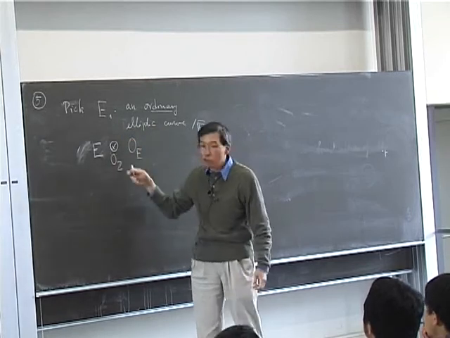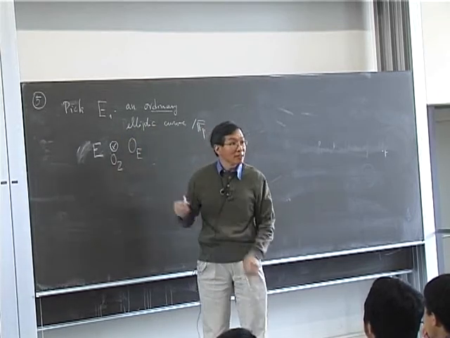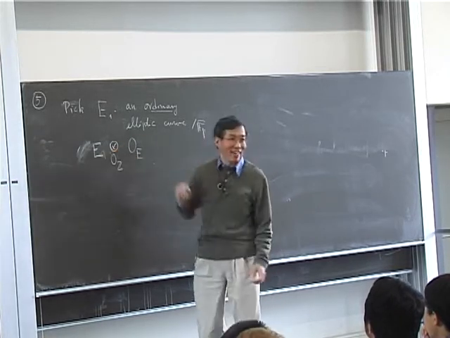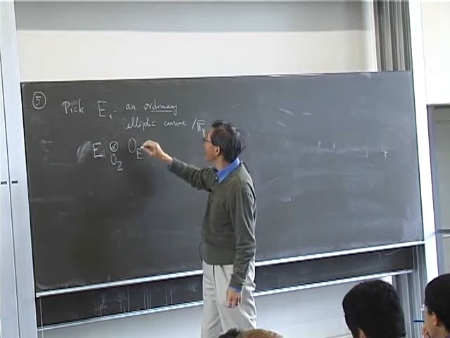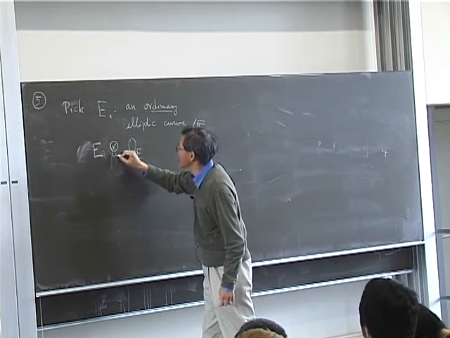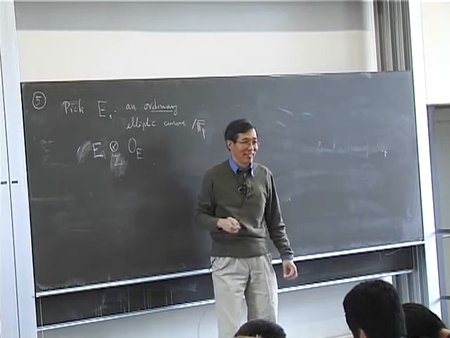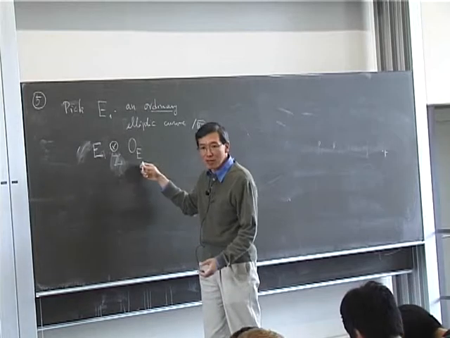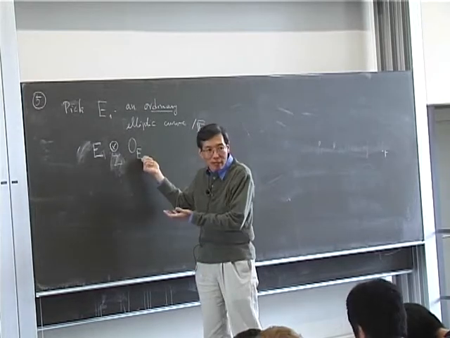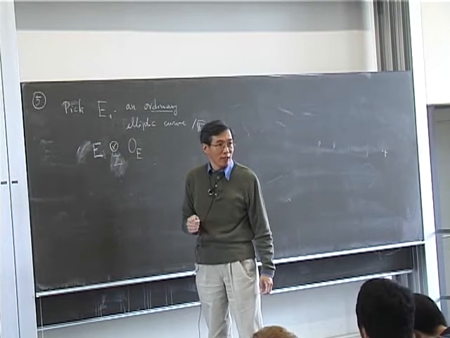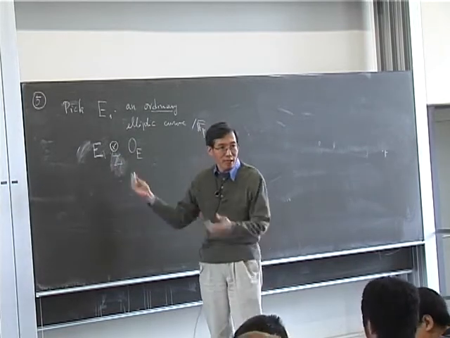In this case, g. So this is g copies of this ordinary elliptic curve, but it has real multiplication by O_E.